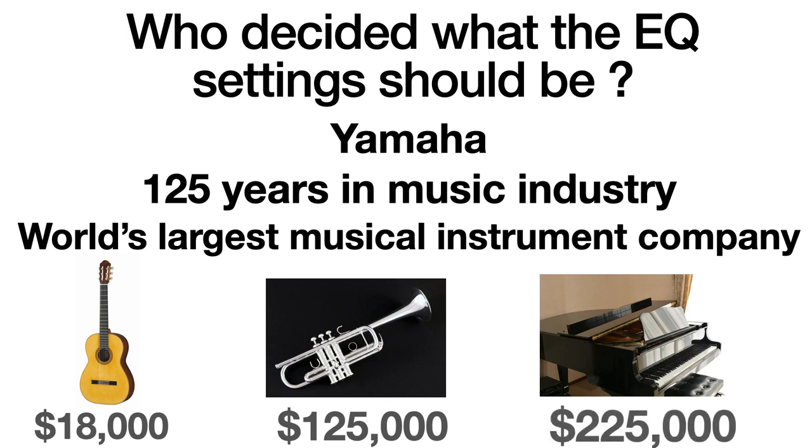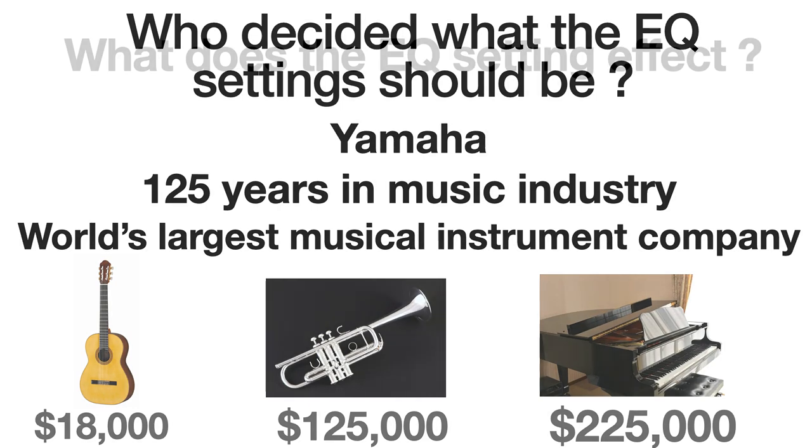Well, you better have $225,000 on hand, because that's what a Yamaha grand piano could cost you. My point is, Yamaha knows everything about music and sound. So I am perfectly happy to let the sound engineers at Yamaha set up these 6 EQ settings.